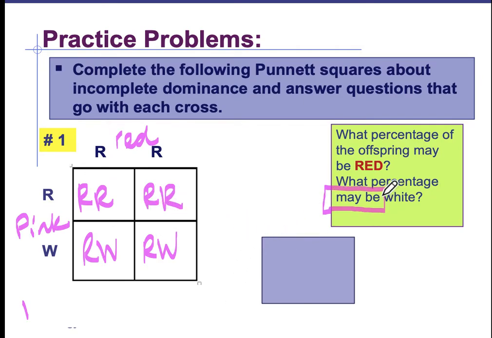So here, for the red, we have a 50% chance that it would be red and a 0% chance that it would be white, because none of these squares have a white genotype.